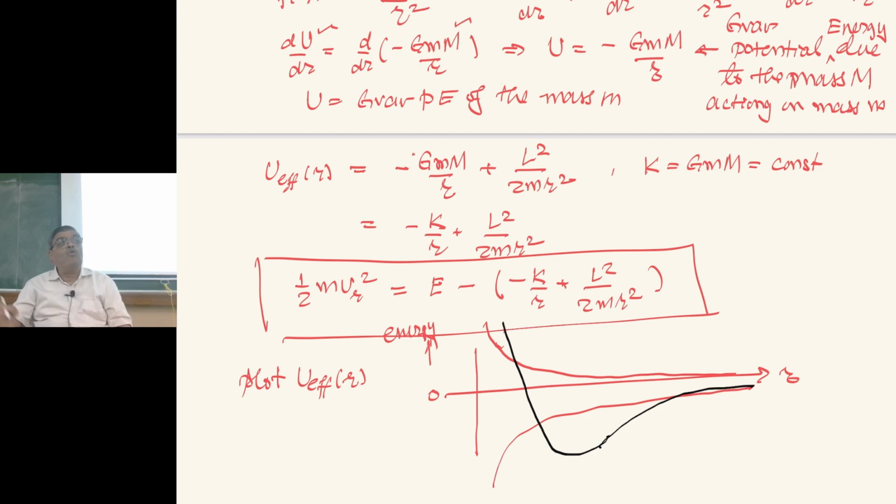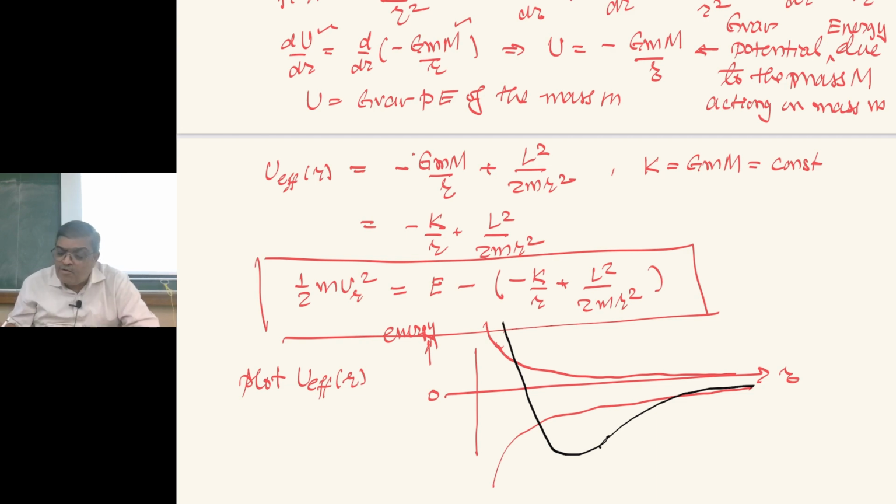It will approach 0. So it never crosses the horizontal axis after this dip. There is going to be a dip over here, so it's going to come down, and this is going to infinity as R goes to 0. Is that right? So let's try to remember the black curve very carefully.